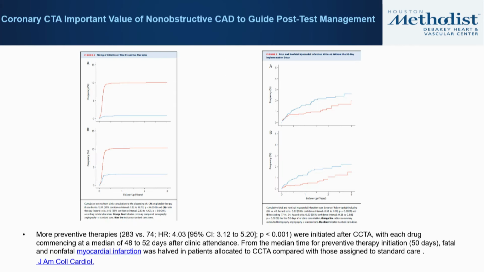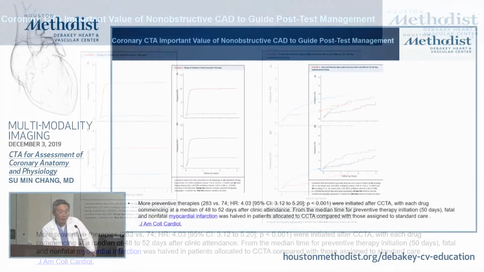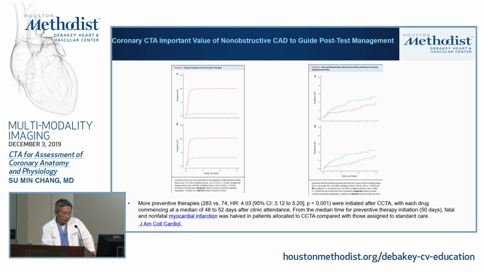So this is, I think, a very well-done analysis of the SCOT-HEART study, which is probably the only randomized study that shows CTA improves outcome, quote unquote, compared to standard care, which is mostly stress treadmill ECG. Nevertheless, they offer some insight into how or why the CTA approach is associated with likely better clinical outcome.